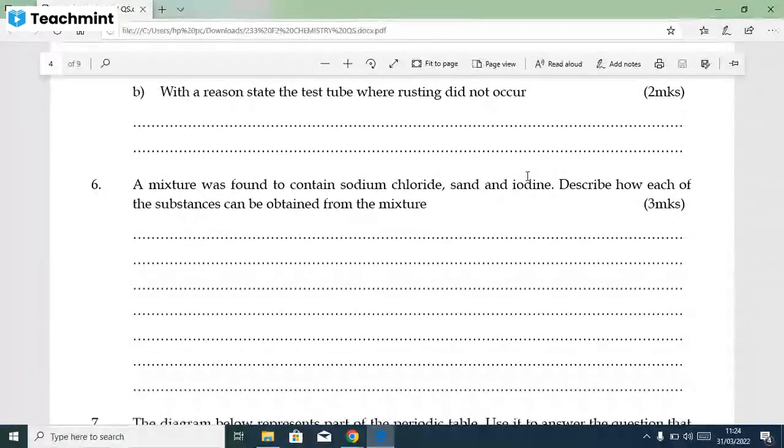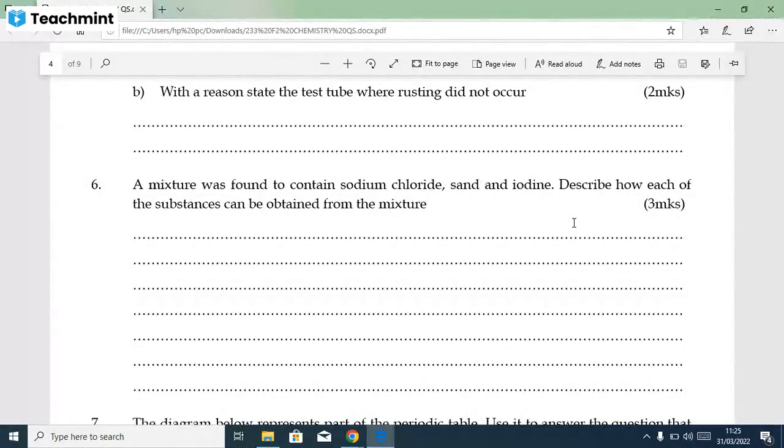What will happen? The sodium chloride will dissolve in the water, leaving sand, and iodine. So sodium chloride will dissolve, while sand and iodine will not.